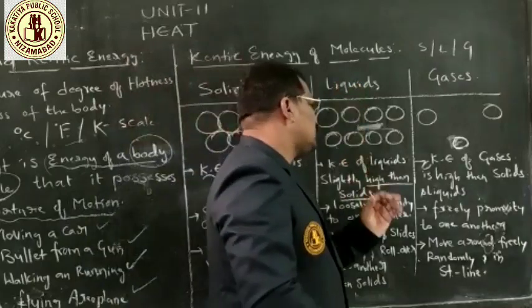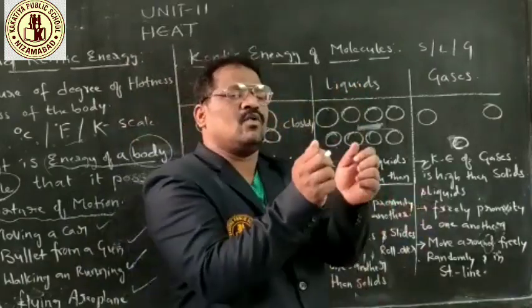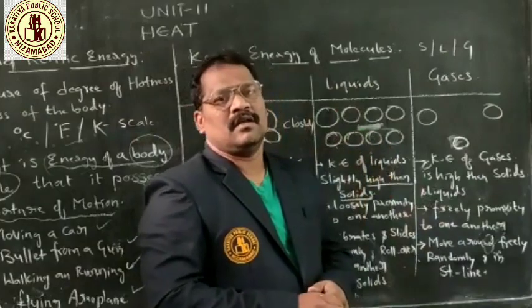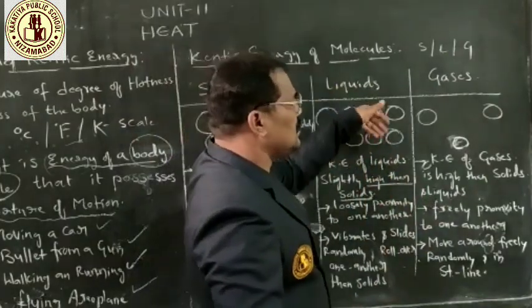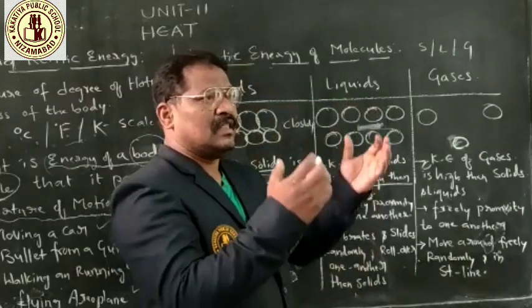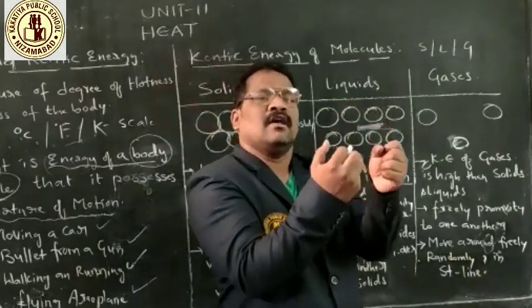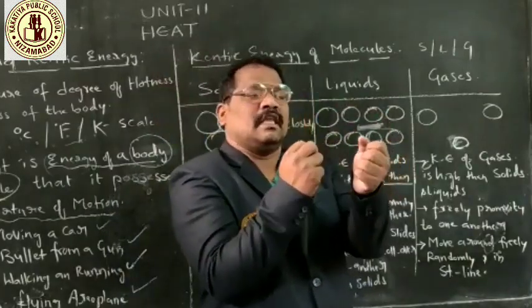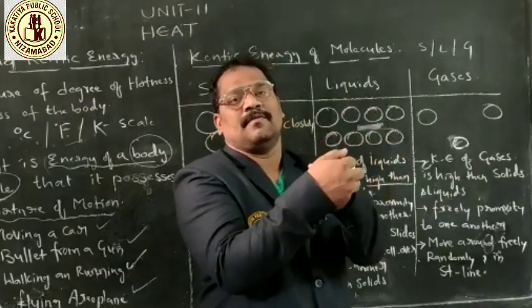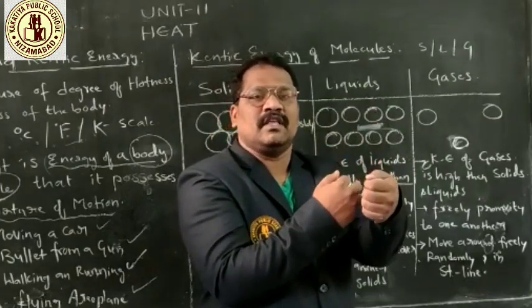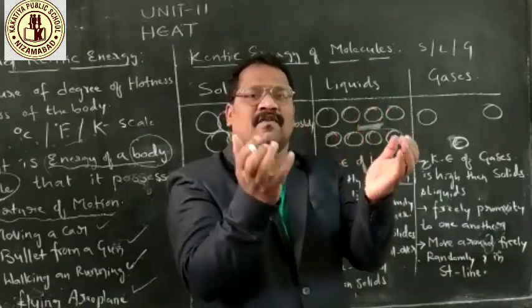When it comes to liquids, they are loosely packed to one another. So what happens as temperature increases in liquids? As they are loosely packed, they can slide one over the other. We know that liquids take the shape of the container.